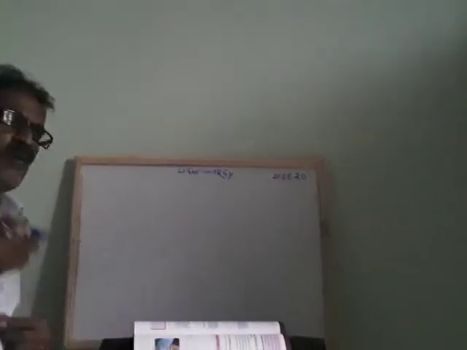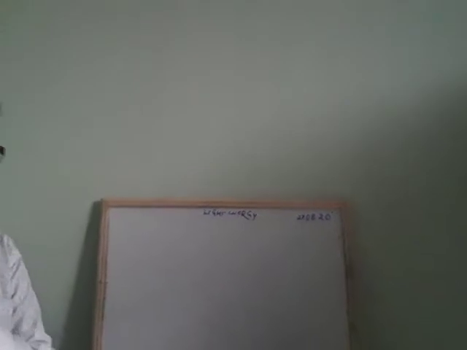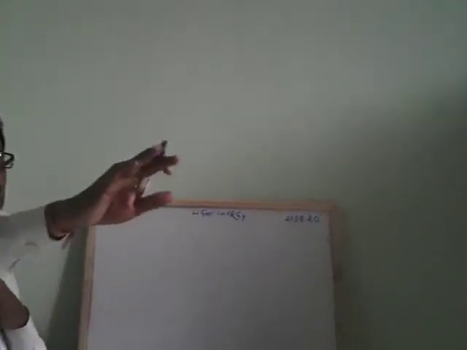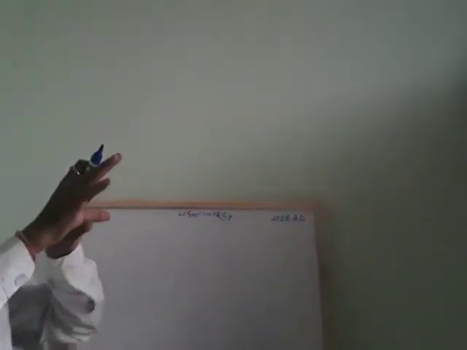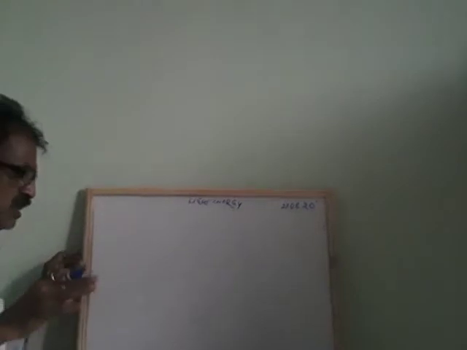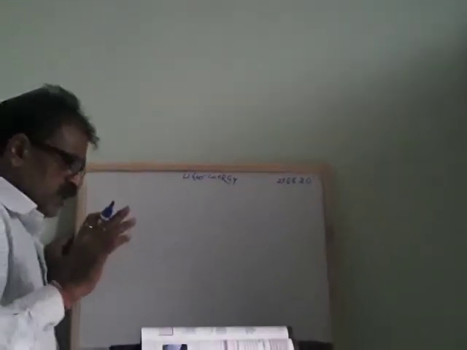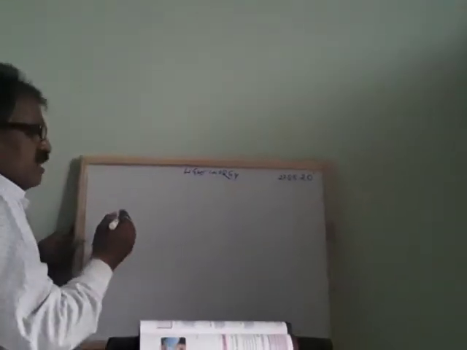So now we will try to find the images formed by a concave mirror. When light falls on a concave mirror, what type of images will we get? We will place an object at a particular place and try to get the images. Suppose you keep an object at infinity. What is infinity? Somewhere, any distance.